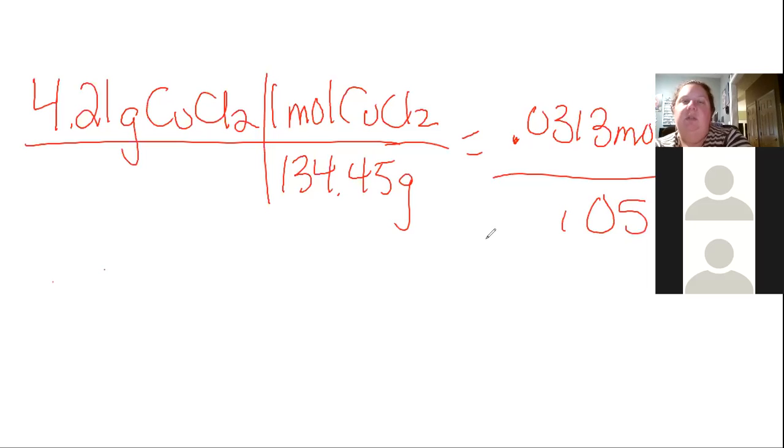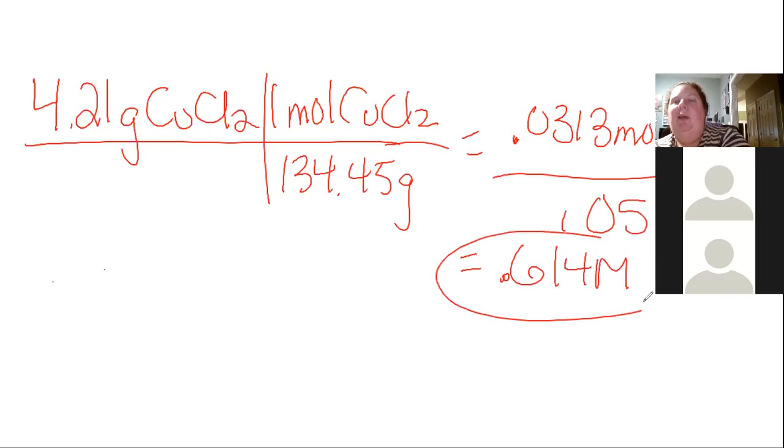So my final solution, I want to have a molarity of 0.614. I want that molarity. So I need to dilute down this 8.2 molar solution so that I make it have a molarity of 0.614.